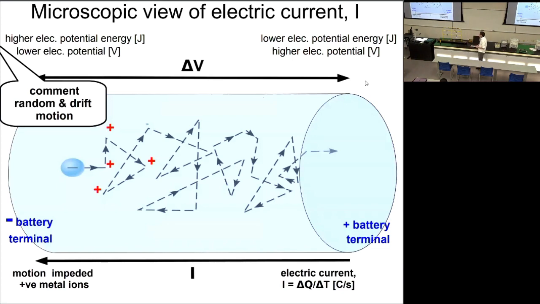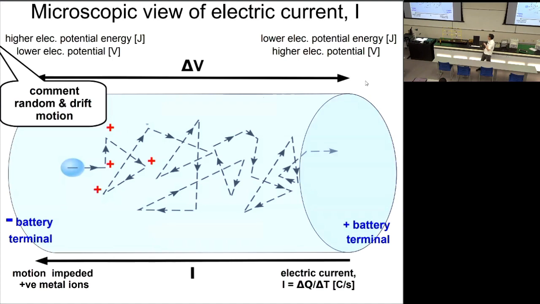And we're going to go back to our picture of, remember, the electrons flowing through the metal. Here's a picture of an individual electron that's flowing through the metal. This time, just to confuse us further, I put the negative terminal of the battery over here on the left.